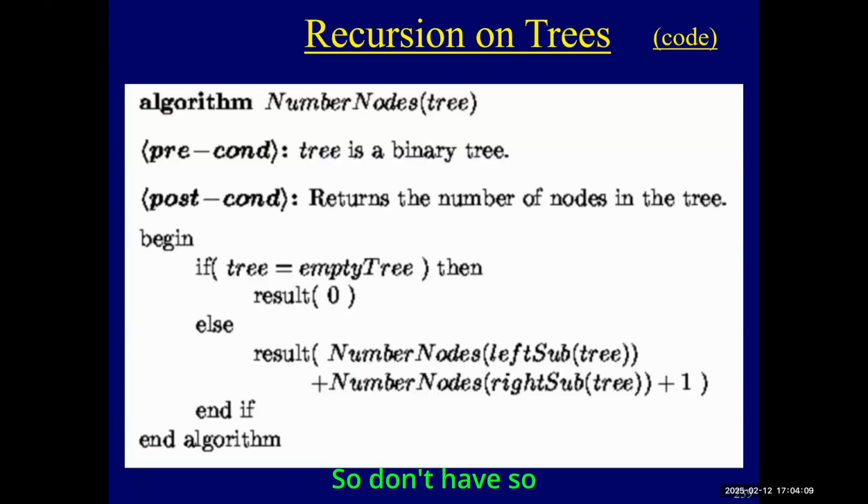So here's the code. I'm given a tree. If my tree is the empty tree, return 0. Otherwise, return the number on the left plus the number on the right plus 1. And of course, if you're doing this in Java, you have to turn it into Java. In fact, one more sentence about that.